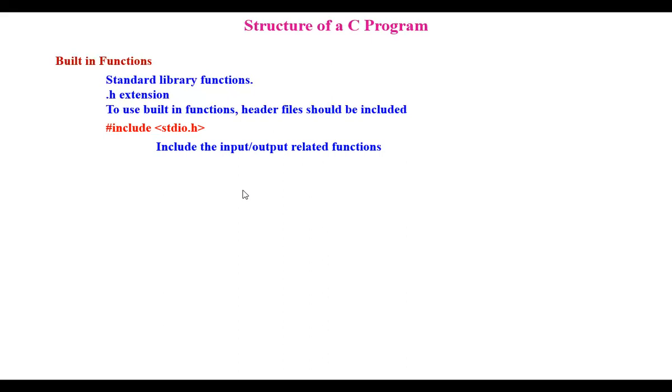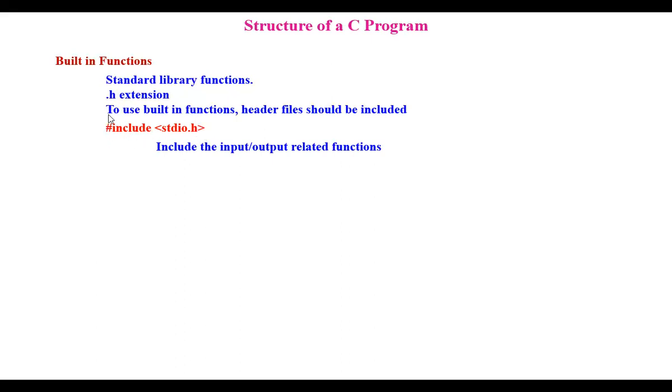Almost every program will have input and output. Some input will be given, something will be obtained. So almost all or the majority of programs will be including this stdio.h file.